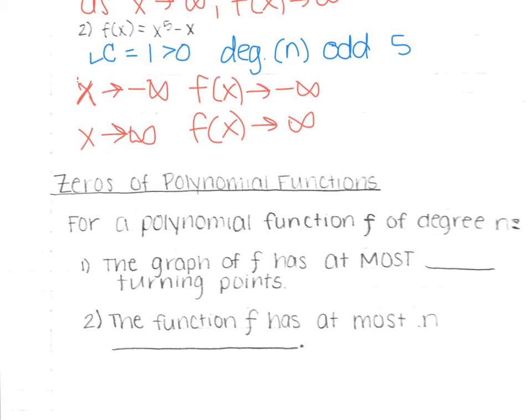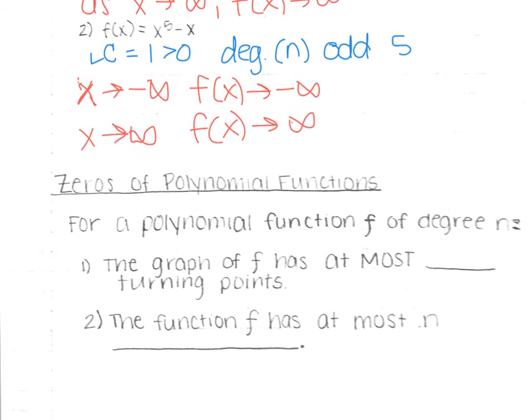So let's take a look now at these zeros of polynomials. Zeros tell us a lot of information about polynomials. So for any polynomial function f of degree n, the following statements are true. The graph of f has at most n minus 1 turning points. Turning points are points at which the graph changes from increasing to decreasing or from decreasing to increasing.